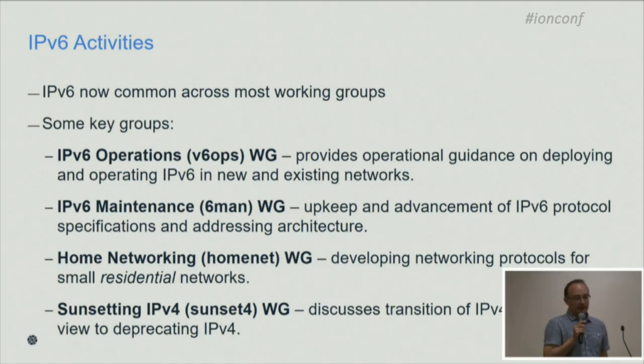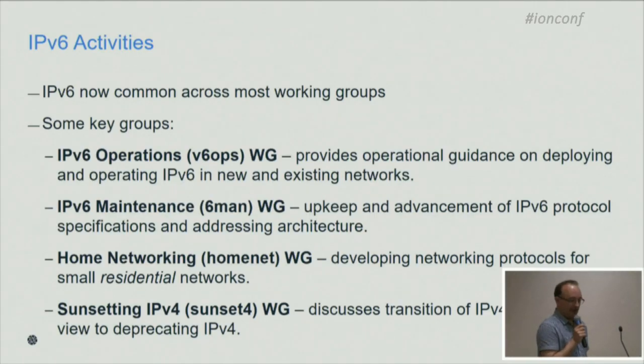Okay, so one of the key points that we're dealing with in Deploy 360 is IPv6 deployment. This is now very common across most of the working groups at the IETF. It's a key core part of the IETF process now.